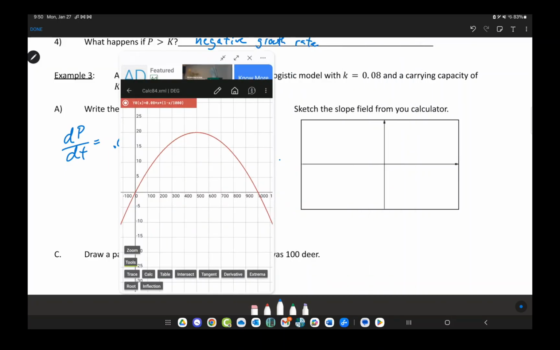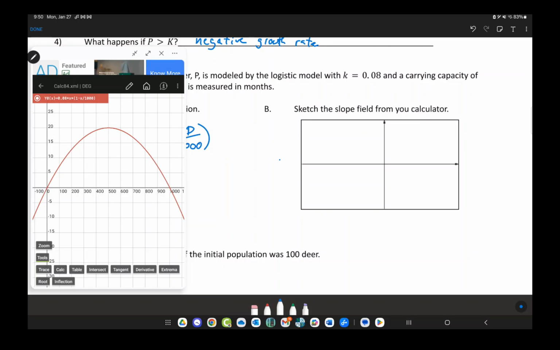So what they want you to do is sketch the slope field of the actual function based off this graph. For logistic growth models, because again, we cannot have a value less than 0.